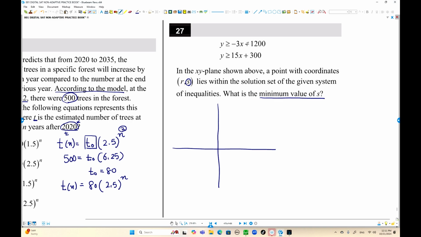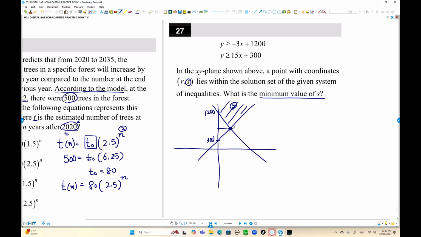This one is negative 3x plus 1200. The graph looks like this, with a negative slope. The other one is 300 over here, with a positive slope, right? But both will be above the graph. So this area is the solution set. But which point has the minimum value of y? This point. Yeah, this point is the minimum value of y, isn't it?